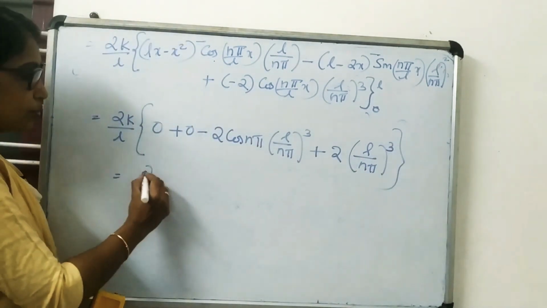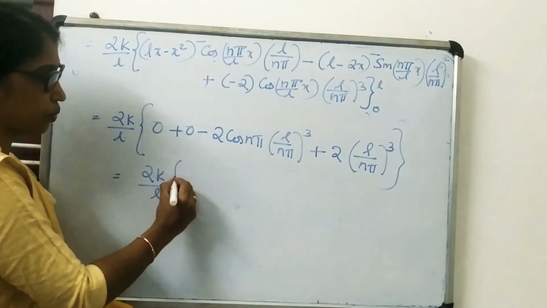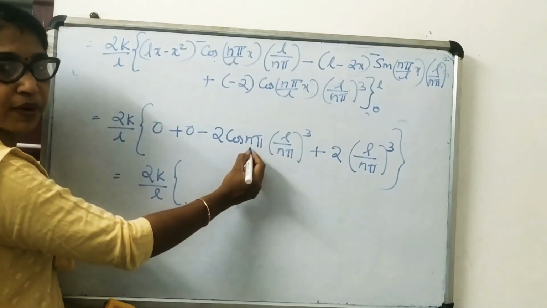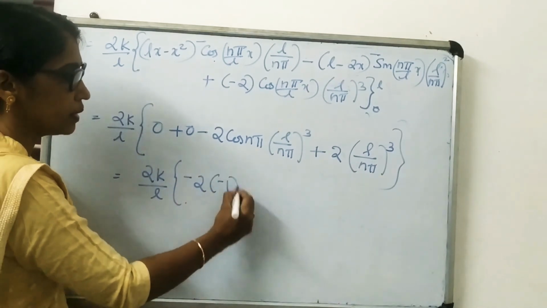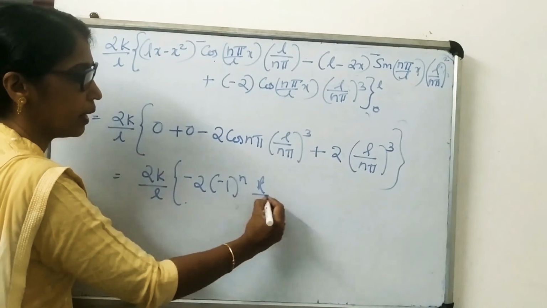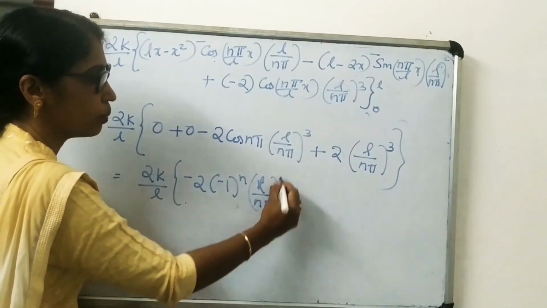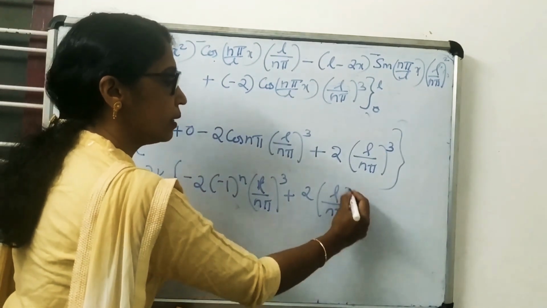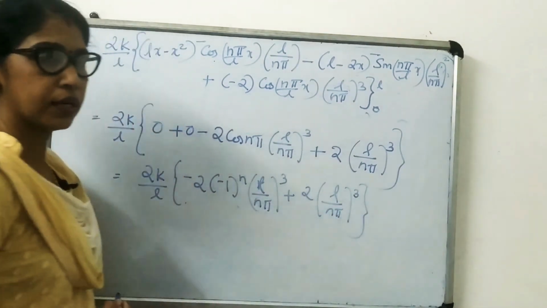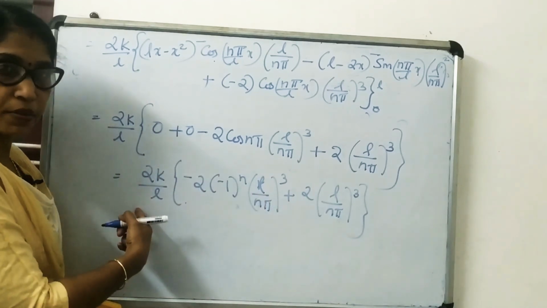So this is equal to 2k by L into, what is the value of cos n pi? Minus 1 raised to n. So minus 2 into minus 1 raised to n into L by n pi the whole cube plus 2 into L by n pi the whole cube. Okay, now I am taking the common terms out.